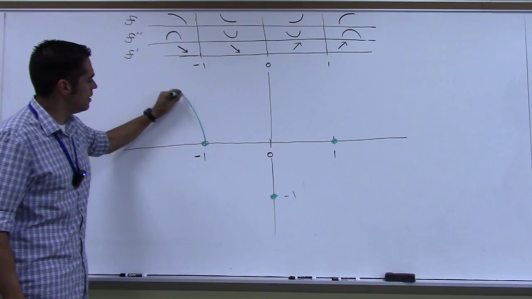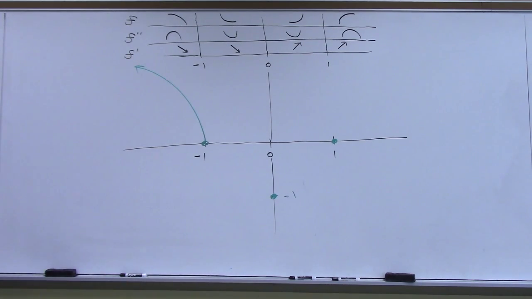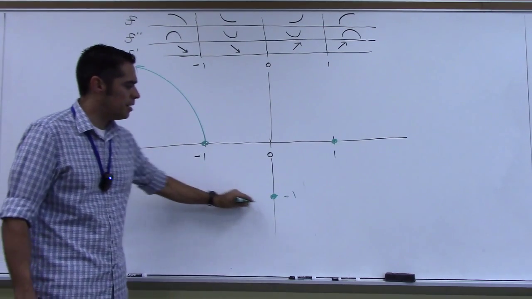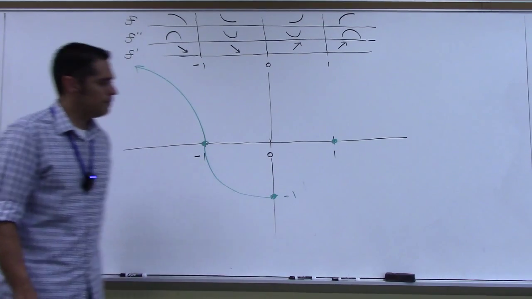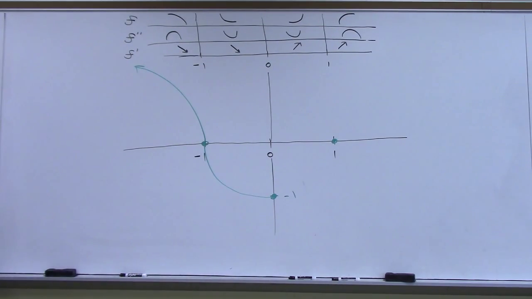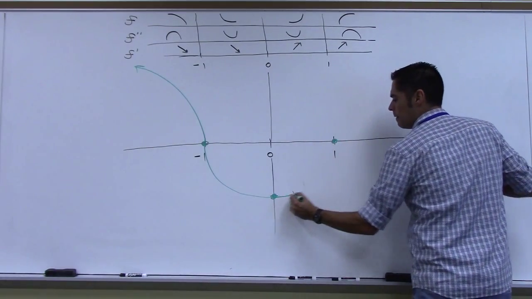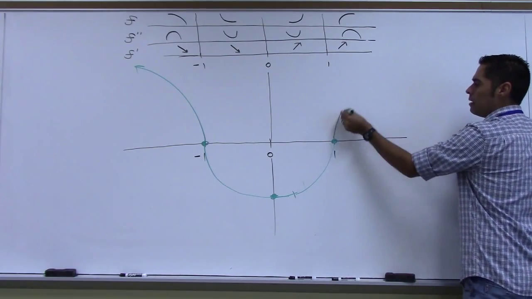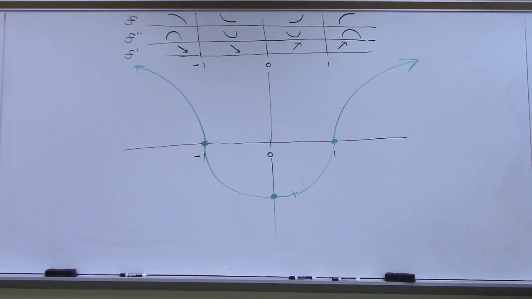So it's got to look like this as I go up to infinity. And then I'm going to go left side of a smile from here to here. That'll be a local minimum. And then from there to there, right side smile, left side frown up to infinity. There it is.